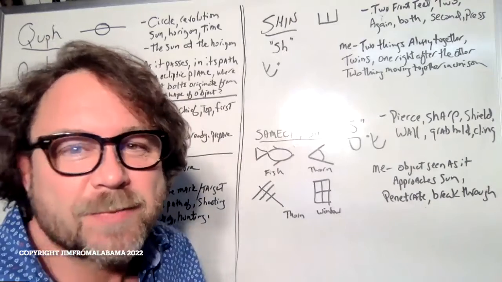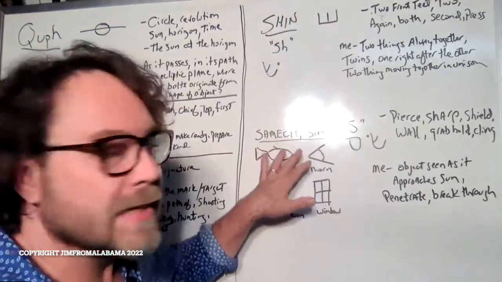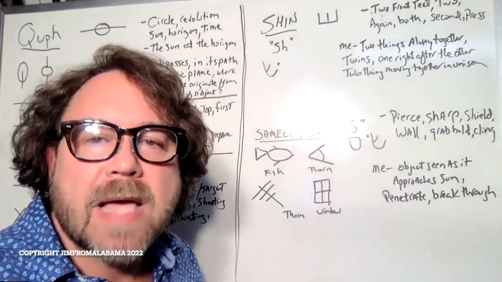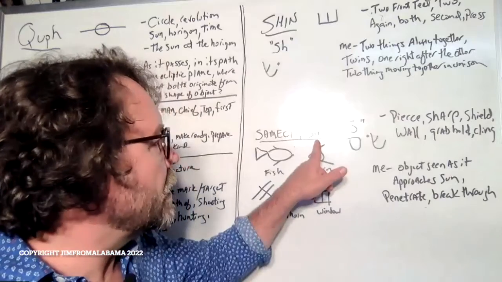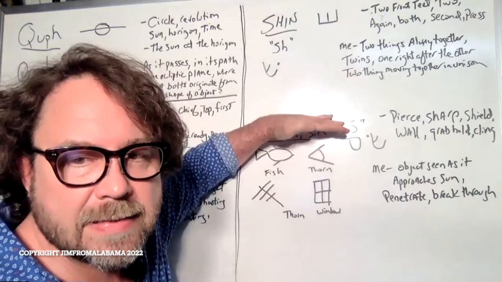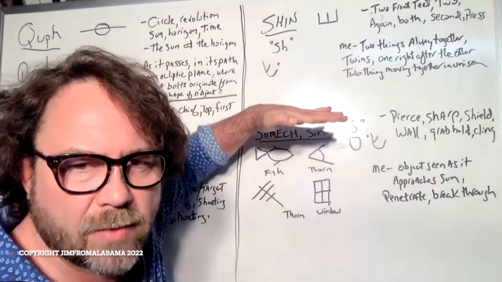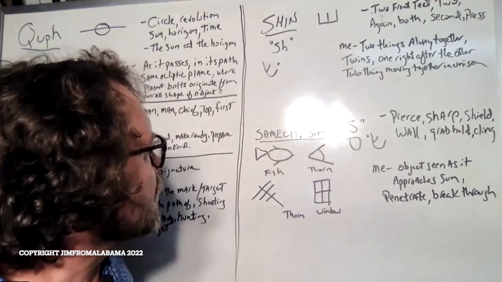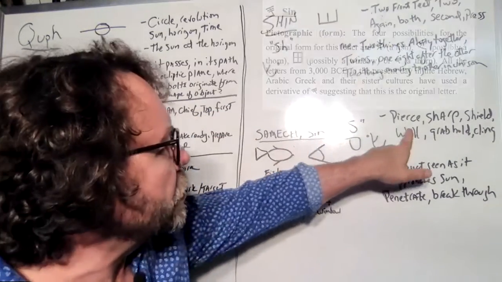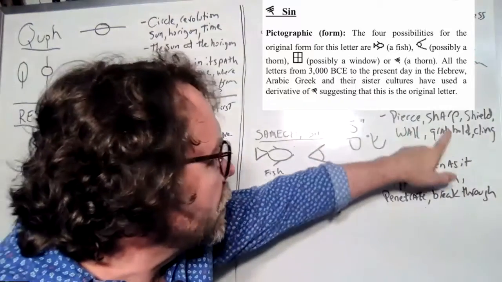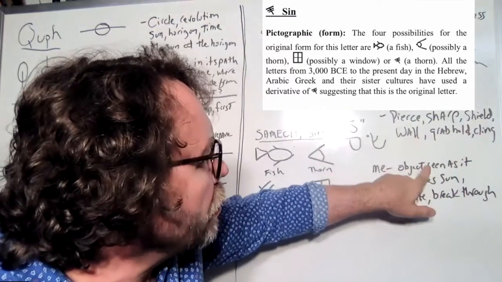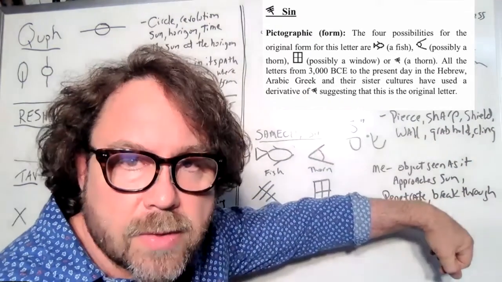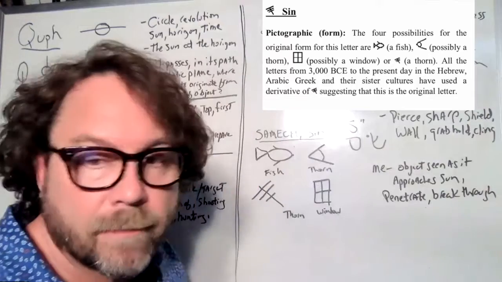Sometimes I say sandwich, but they say samech. Okay, and then of course sin right there. Okay, samech and sin. So these two basically mean pierce, sharp, shield, wall, grab hold, or cling.